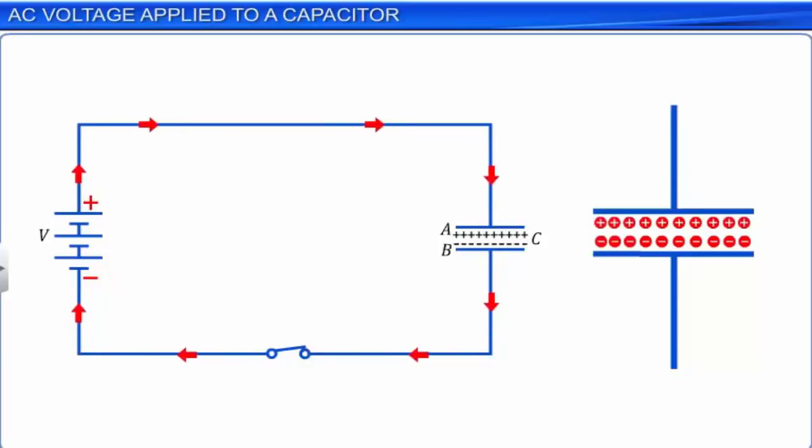When the capacitor is fully charged, that is, the plates cannot take any more charge, the capacitor fully resists the current and the current in the circuit falls to 0. This state of a capacitor is known as the steady state.